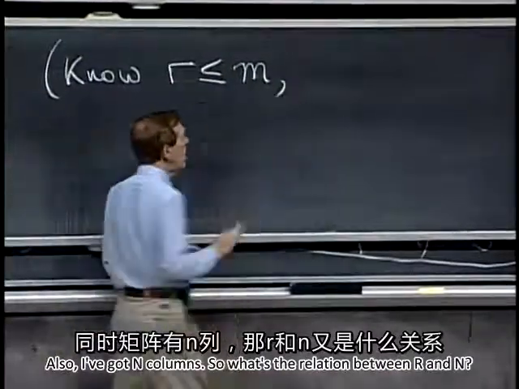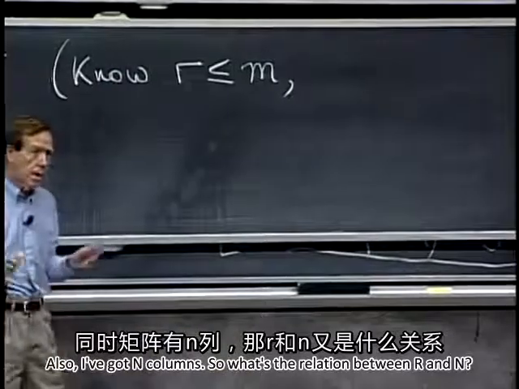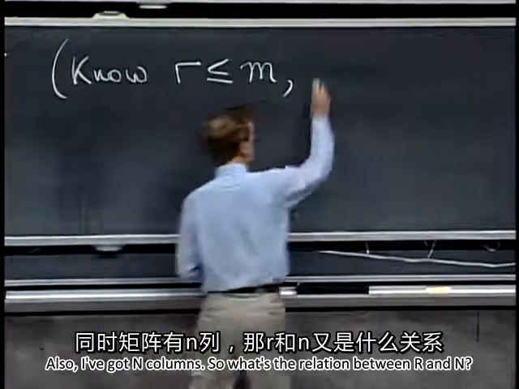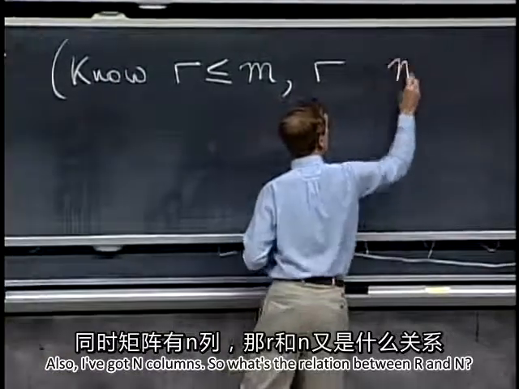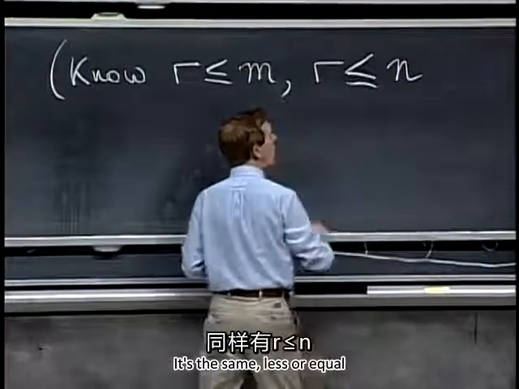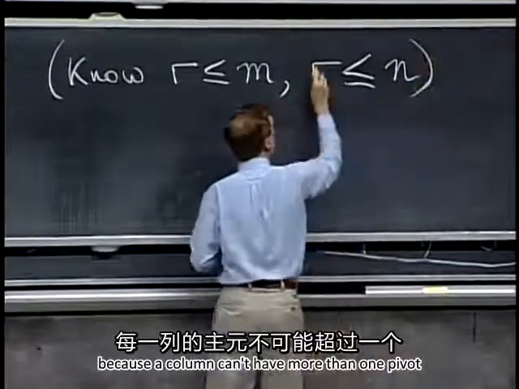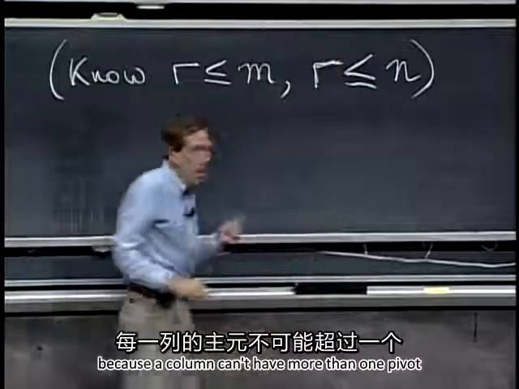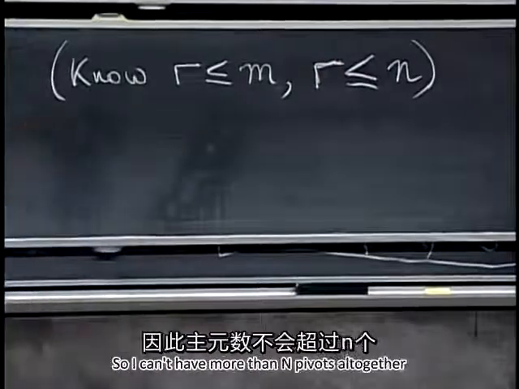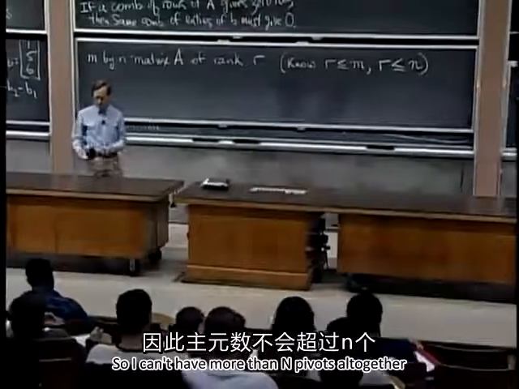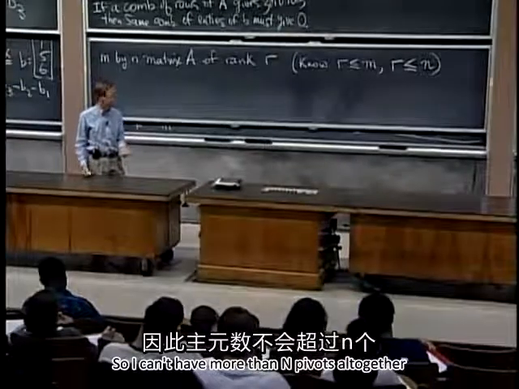Also, I've got N columns. So what's the relation between R and N? It's the same, less or equal, because a column can't have more than one pivot, so I can't have more than N pivots altogether.